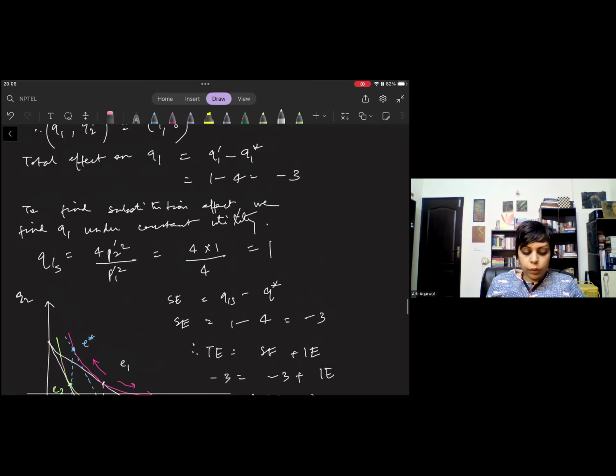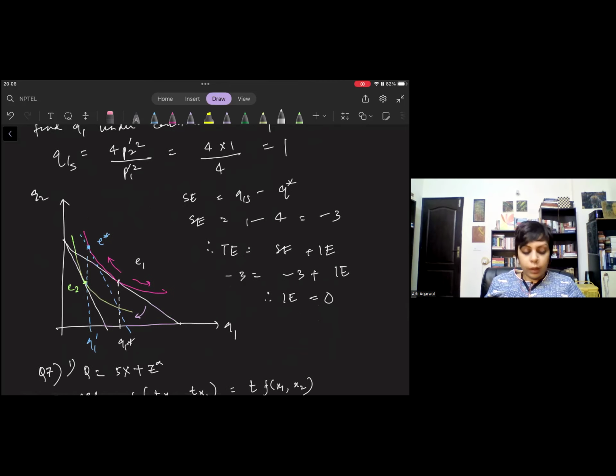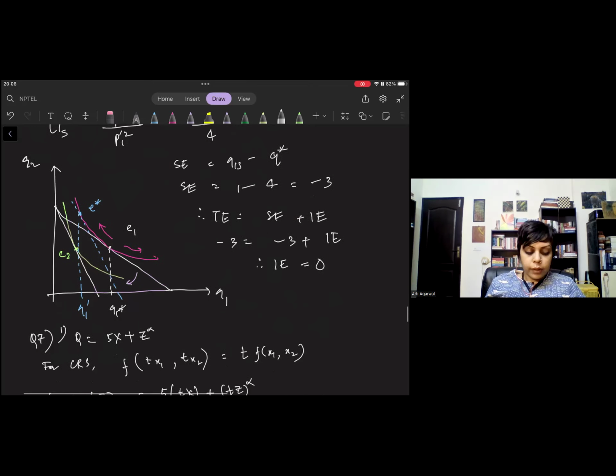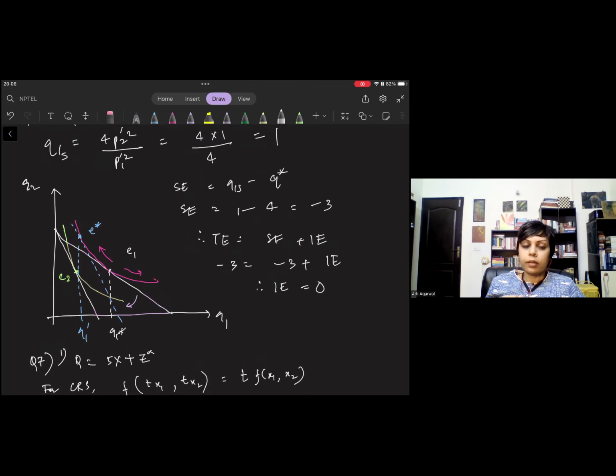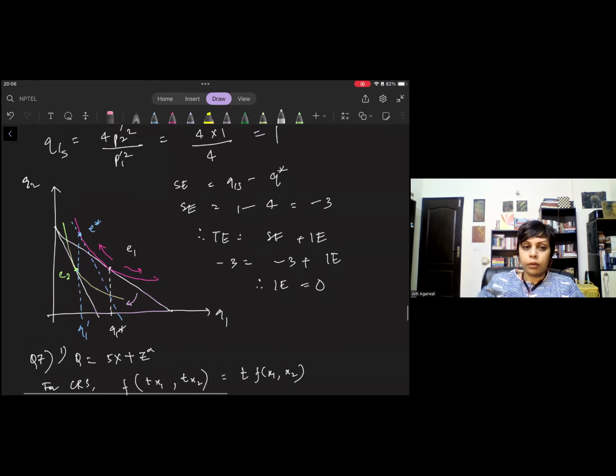The way this question was framed, there was no difference in the value of Q1 from E star to E2, because in this case, Q1 was coming out to be just a ratio of the prices. And there is no difference in prices from E star and E2. That is maybe something that was confusing you.